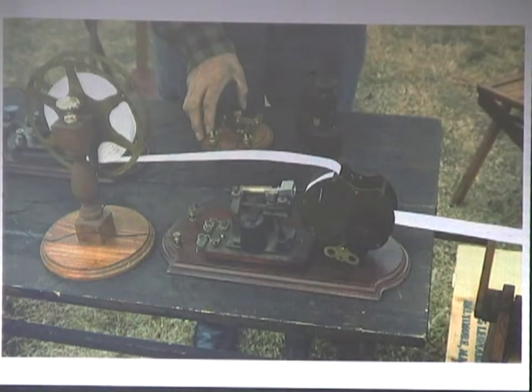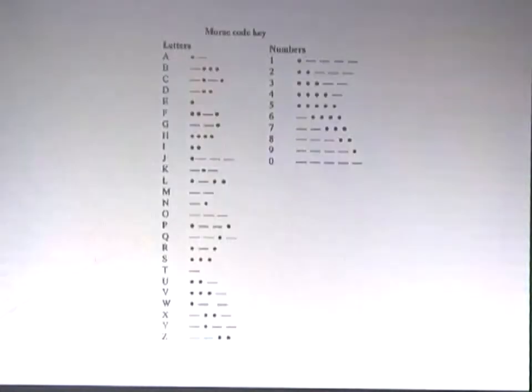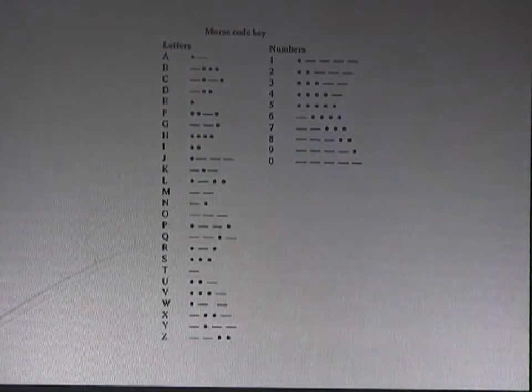But if the electrical signal was held on for a longer period of time and the paper tape is rolling by at a constant rate, it would draw out a dash on the paper. And then the telegrapher would use this code that associates dots and dashes to letters and numbers and also punctuation, which don't happen to be on this particular code, in order to translate a message from dots and dashes back into words.